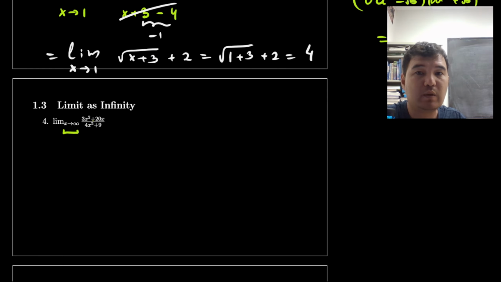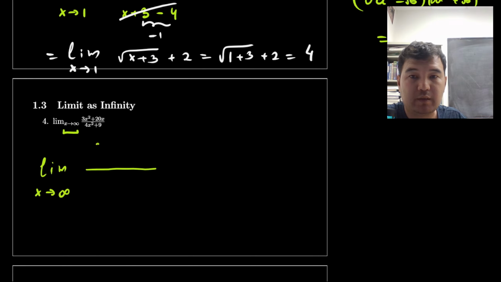In this case, we can divide every term of the fraction by the highest power of x, in this case x squared. So we are going to take the limit as x goes to infinity of 3x squared divided by x squared plus 20x divided by x squared, over 4x squared divided by x squared plus 9 over x squared.